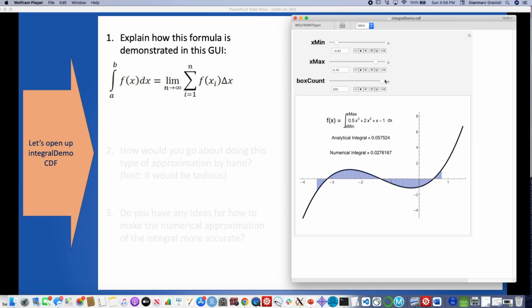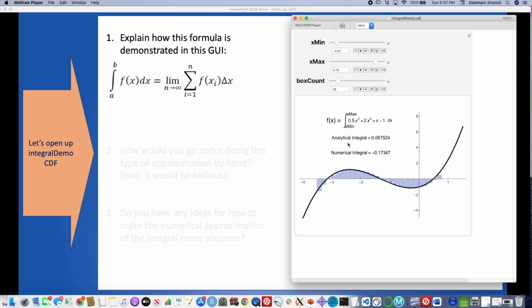Intuitively, you can look at this and say, okay, if I'm approximating the area under this curve by adding up the area of a whole bunch of boxes, a bunch of real skinny boxes sure looks a lot better than this. If we look at the approximation with 26 boxes here for this particular region that I've chosen at random, we see that the actual integral is 0.057524.